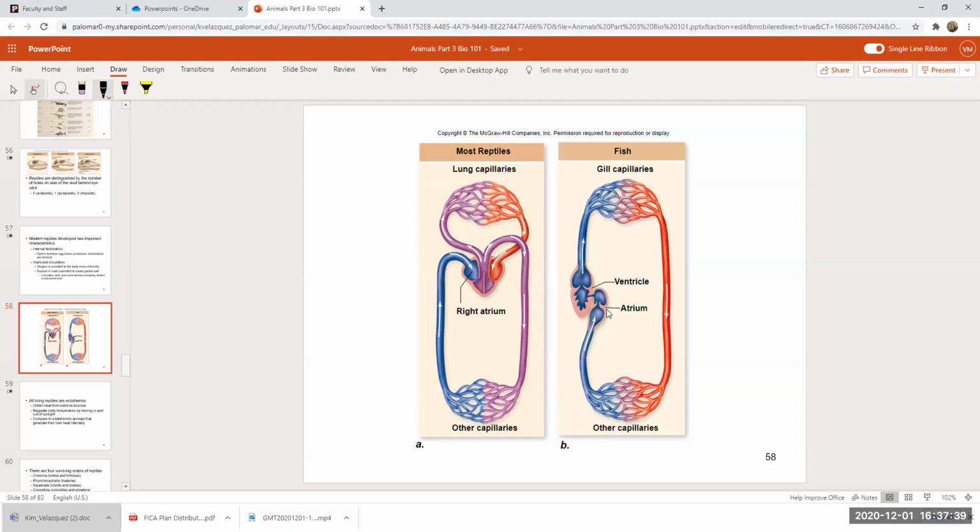Let's think about this. Fish don't have that separation. So when the heart muscle contracts, it's sending blood out to the body at the same force as it is to the gills. If there's too much force, it's going to blow out those gill capillaries. In amphibians, they don't have this separation either.